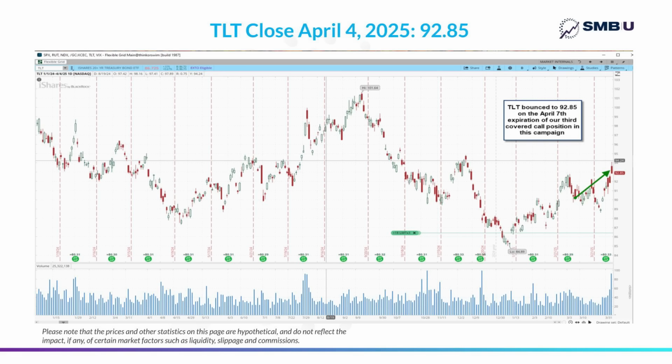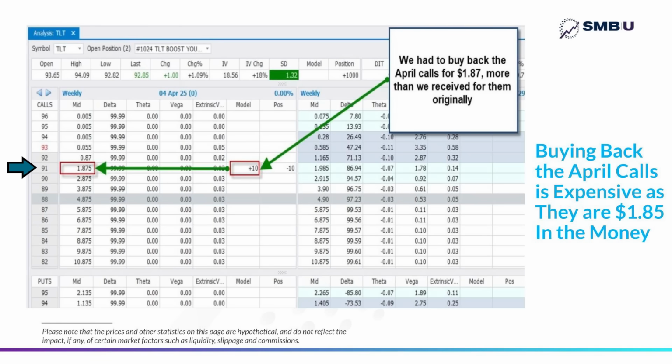But this time, by April 4th, TLT had bounced a bit harder, closing at 92.85 on the day it expired. And so buying back those calls is going to be expensive, because with the stock closed at $1.85 above the strike price of the call, those calls are very valuable, conferring on the owner the right to buy those shares for $1.85 less than their trading price.